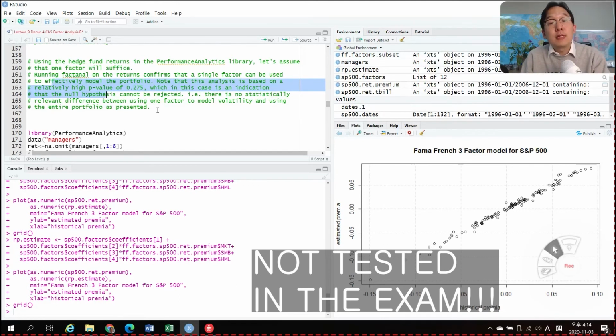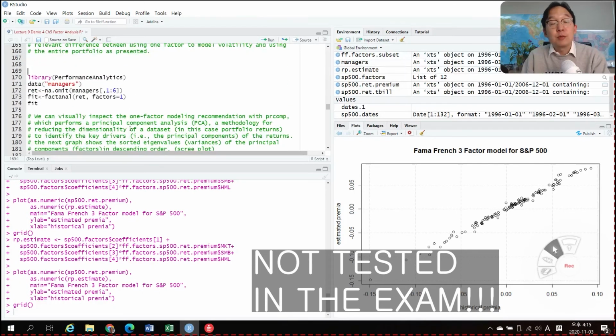Note that this analysis is based on a relatively high p-value of 0.275, which in this case is an indication that the null hypothesis cannot be rejected, i.e. there is no statistically relevant difference between using one factor to model volatility and using the entire portfolio as presented. So summary does not really work in this case, but we can still do some principal component analysis.